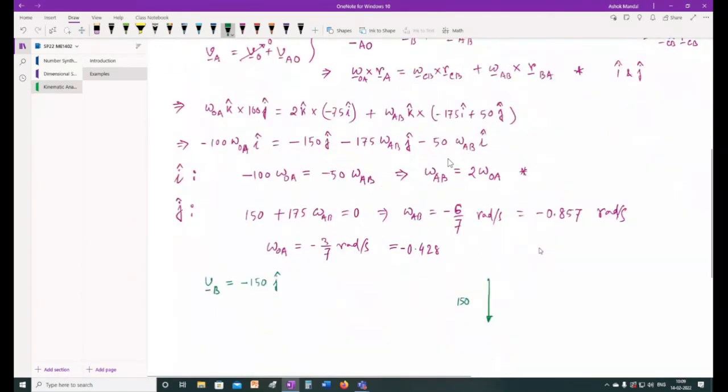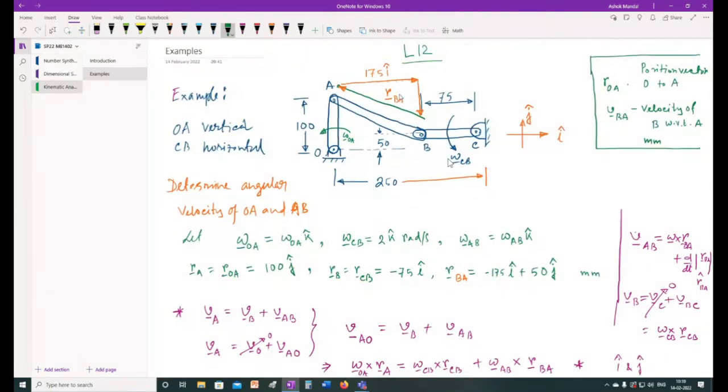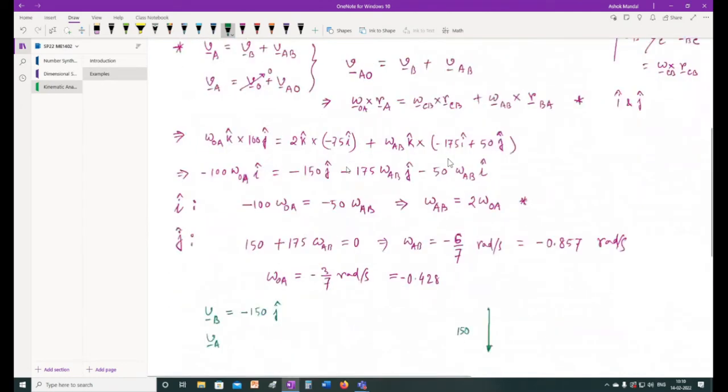And then what is known? What is known to you? What about VA, the velocity of point A? You don't know the magnitude of that vector, but you know the direction, right? It should be along this line, perpendicular to this link OA, right? Yes.